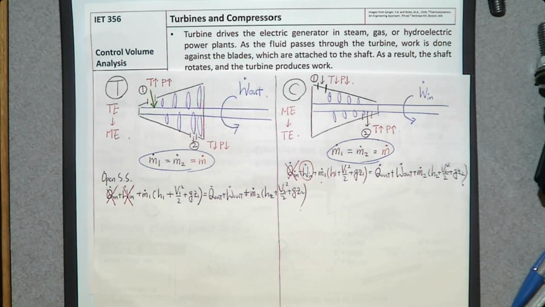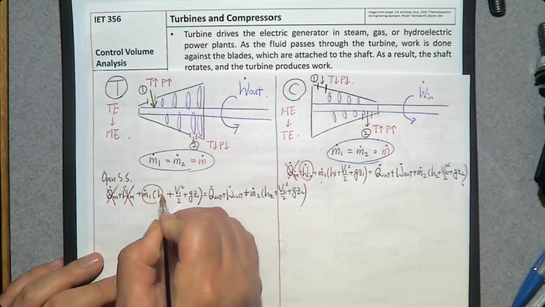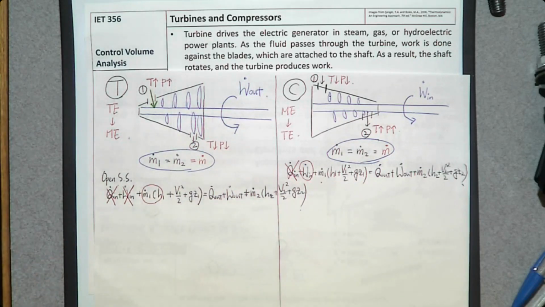So there's an enthalpy. Is there kinetic energy? Maybe. Is there potential energy? Maybe. Then what is the difference between the kinetic energy at the inlet and the kinetic energy at the exit? Not much difference. What about potential energy at the inlet and the potential energy at the exit?